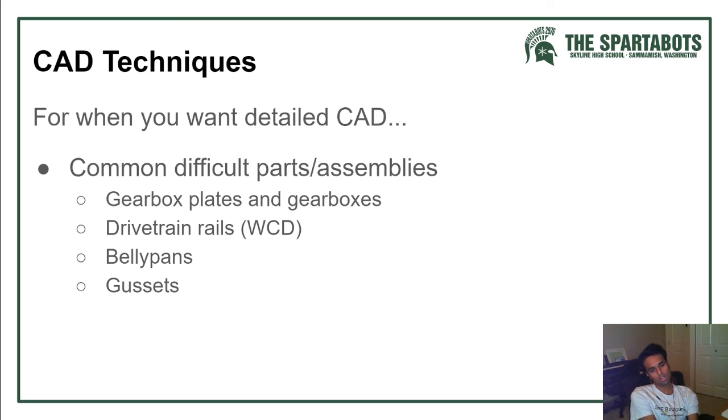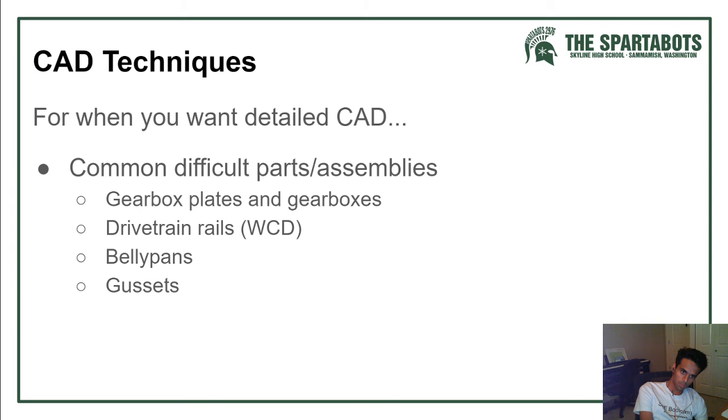These are things that you are going to have in almost every single robot that you make. So for gearbox plates, one thing you can do is make sure that they're symmetrical. That way you can just mirror the sketch or mirror the part studio. That way you save yourself a lot of time.